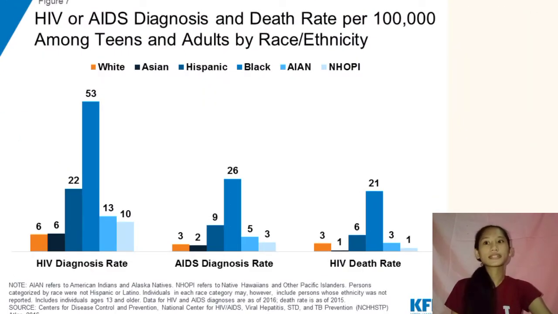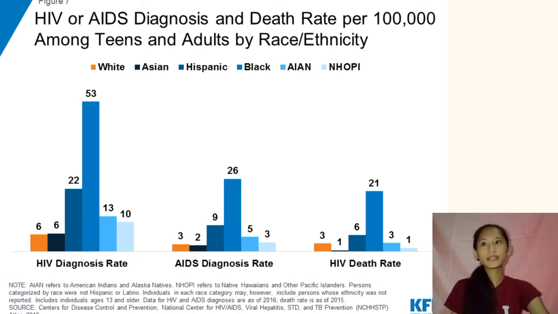The Centers for Disease Control and Prevention National Center for HIV/AIDS, viral hepatitis, STD, and TB prevention presents a figure about HIV/AIDS diagnosis and death rate per 100,000 among teens and adults by race or ethnicity, which includes individuals ages 13 and older.